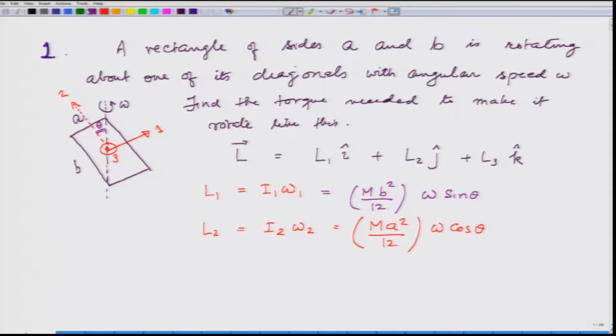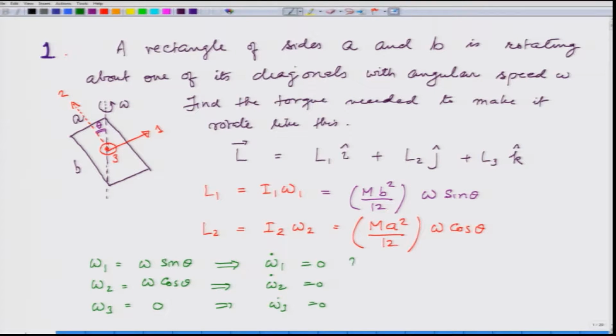So, along the way, omega 1 is omega sine of theta, omega 2 is omega cosine of theta, and omega 3, the component of omega along axis 3, no matter where the rectangle is, is always going to be 0. This also tells you omega 1 dot is 0, omega 2 dot is 0, and omega 3 dot anyway is 0, because omega 3 remains 0.